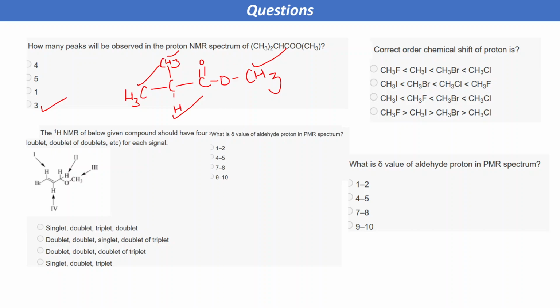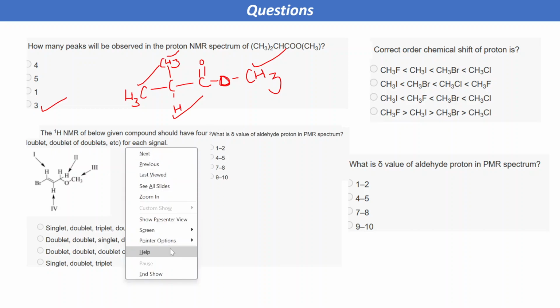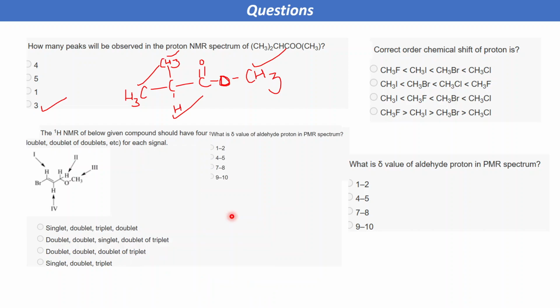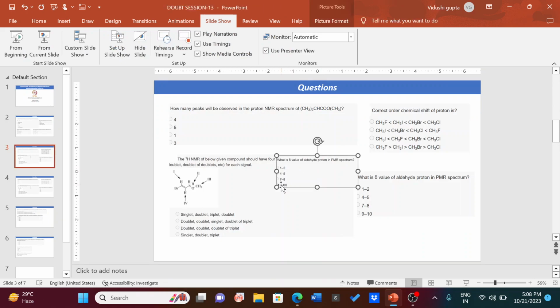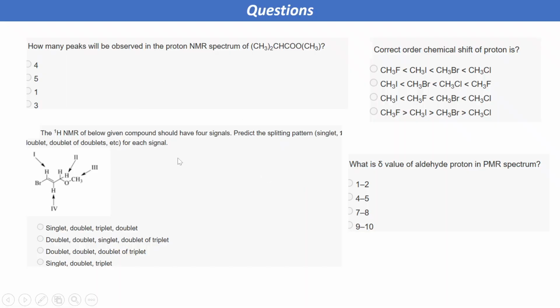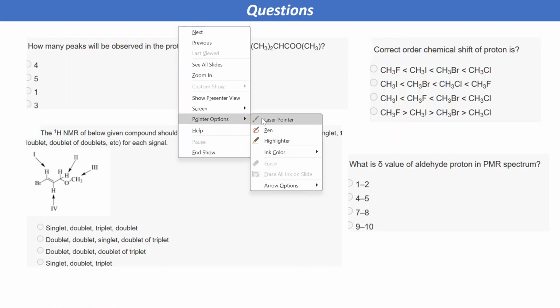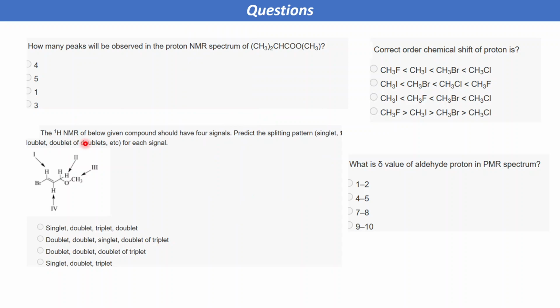Now the next question. The proton NMR of the compound given below shows 4 signals.